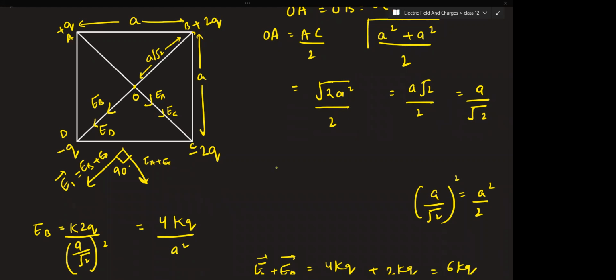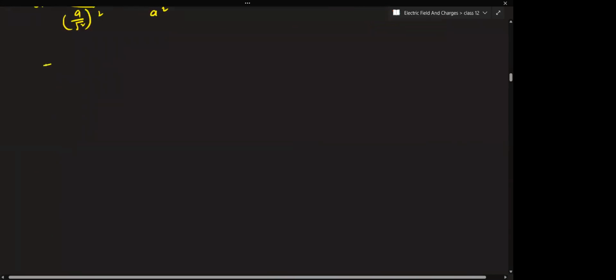So we have to take the charge plus Q. So for EA, this will be KQ divided by (A by root 2) whole square, which is equal to 2KQ divided by A square. This is EA, 2KQ divided by A square.